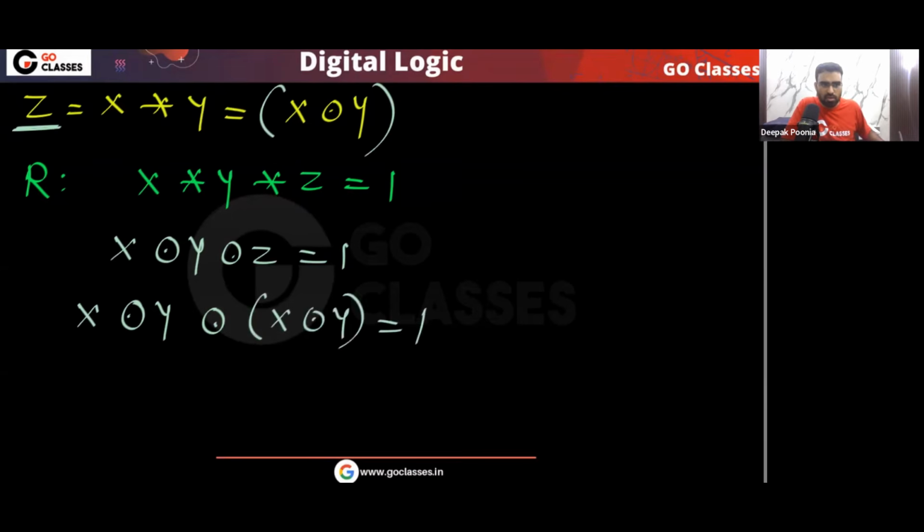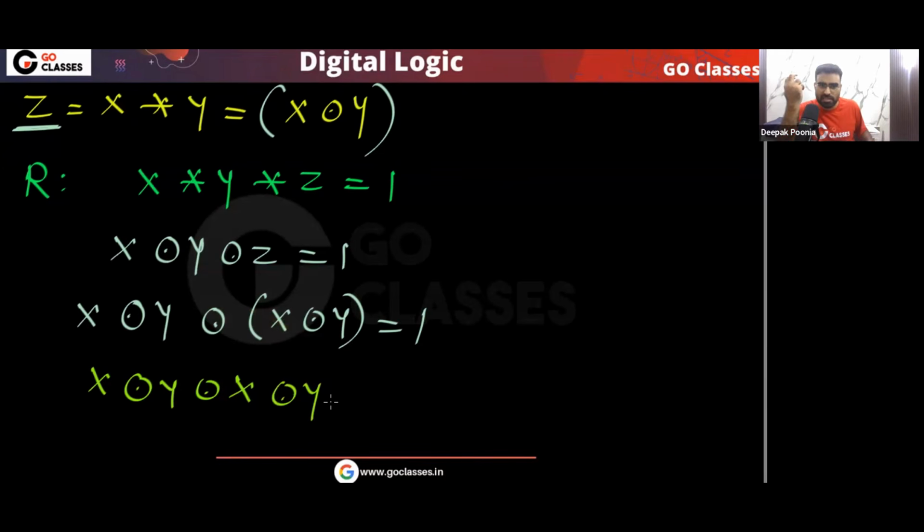You know that XNOR is associative and commutative. Because it is associative and commutative, I can simply write like this: X XNOR Y XNOR X XNOR Y. This is how I can write it. I can remove the parenthesis because anyway the XNOR operation is associative, that you already know.